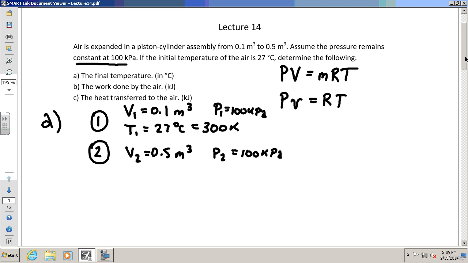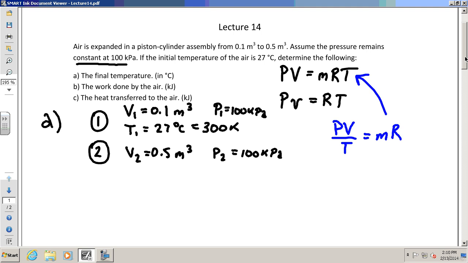The key to doing this is to manipulate the ideal gas law, okay? And that is, if you take the top form here, PV equals mRT, and you rewrite it as such, you can write PV over T is equal to mass times R. All right?